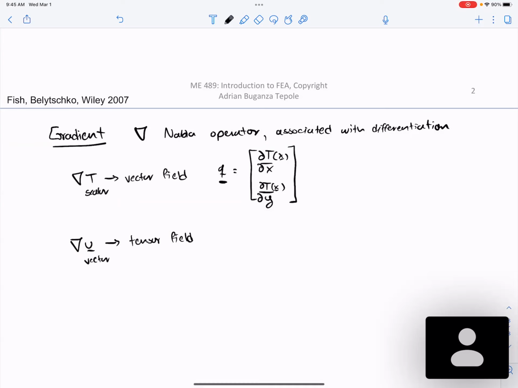For the gradient of u, that is, for example, almost epsilon, it's not quite epsilon. I'm going to call it E. It's not quite the strain. Actually, how should I call it? Let me call it F. So this one is going to be a tensor, which means kind of a matrix. And this is going to be the partial of ux with respect to x, the partial of ux with respect to y, partial of uy with respect to x, partial of uy with respect to y.